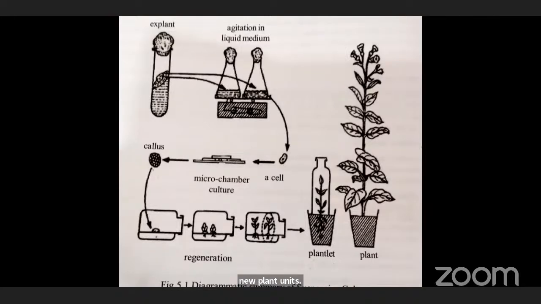Then the new plantlets are transferred into another pot, and the entire plant is acclimatized to the natural environment. So this is the process of cell suspension culture.